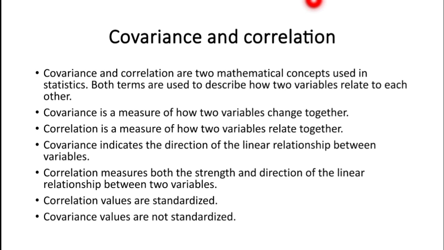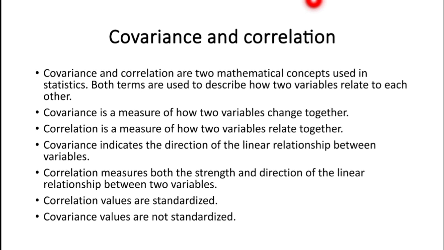And one more thing, covariance indicates the direction of the linear relationship between variables, right? So it is going to identify the direction of linear relationship. I'm going to explain with an example. And correlation measures both the strength and the direction of the linear relationship.